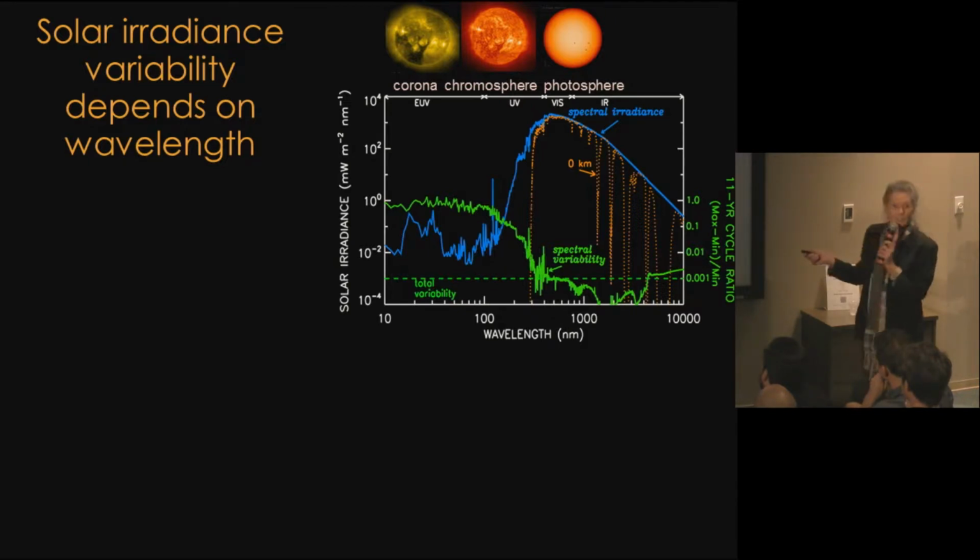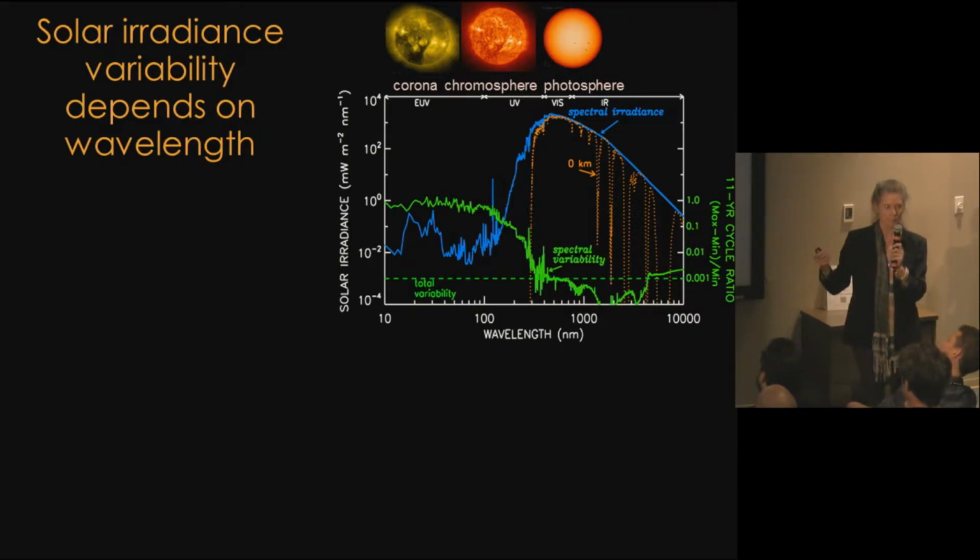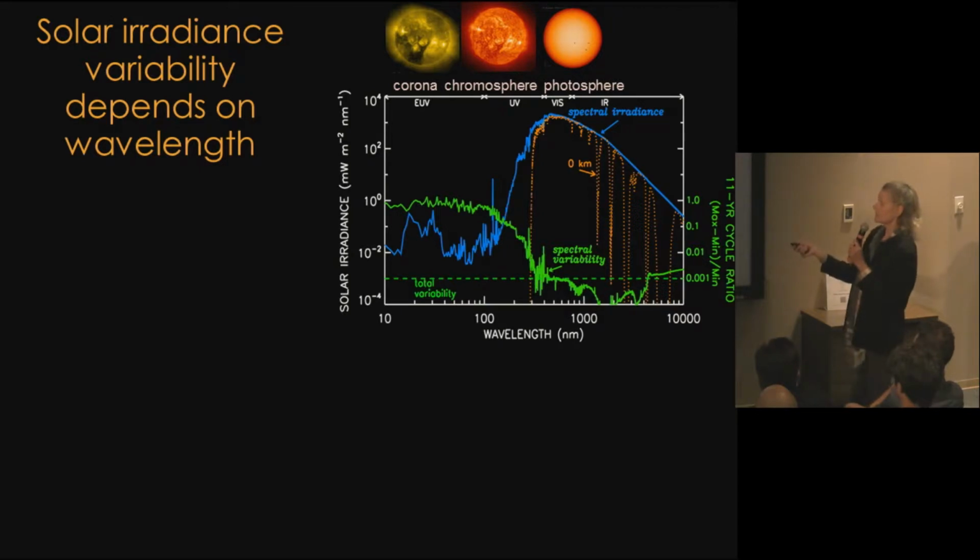The variability depends on wavelength, because the features, the faculae and spots that cause the radiation to vary, come from different parts of the solar atmosphere. So emission from the corona, in other words the EUV part of the spectrum, is going to vary much more than the radiation that comes from the peak of the black body curve, which is the visible spectrum.